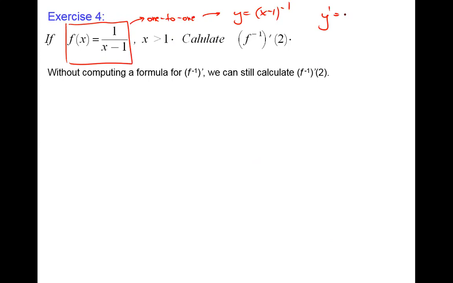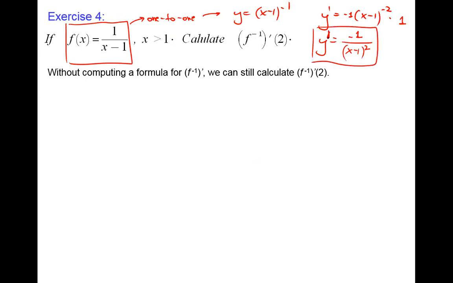I will use the power rule: -1 times x minus 1 to the -2, times the derivative of the inner function, which is 1. Let me rewrite. -1 will go on the top, and x minus 1 to the -2 will become positive exponent if I place everything in the denominator.